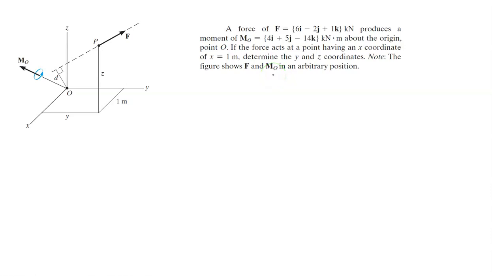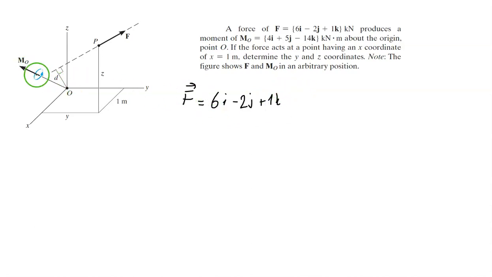Hi, this problem is about the moment of a force in 3D space about a point O. In this problem we have a force vector F, given as a Cartesian vector 6i minus 2j plus 1k kilonewton.